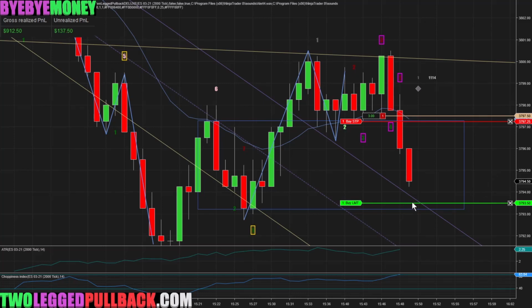Alright, looks like a runner might get hit here. Maybe getting too greedy in the runner. Savage 1 point. Guaranteed 1 point here.